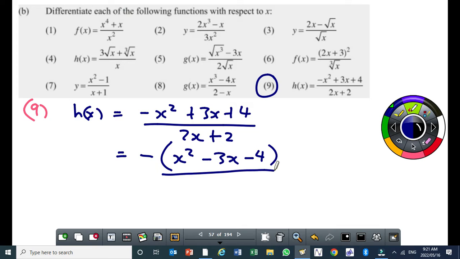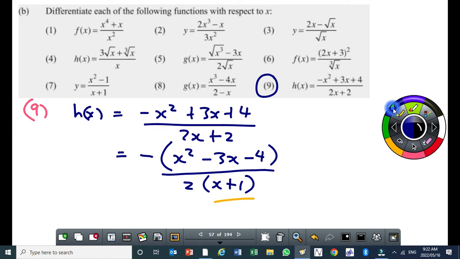This is all over. Now, the denominator has got a common factor, which is what? A 2. So this will be 2 times x plus 1. Now, the moment you get a binomial factor like x plus 1 there, that should be a hint to you that in the numerator somehow you might need to create a factor which is the same as x plus 1.